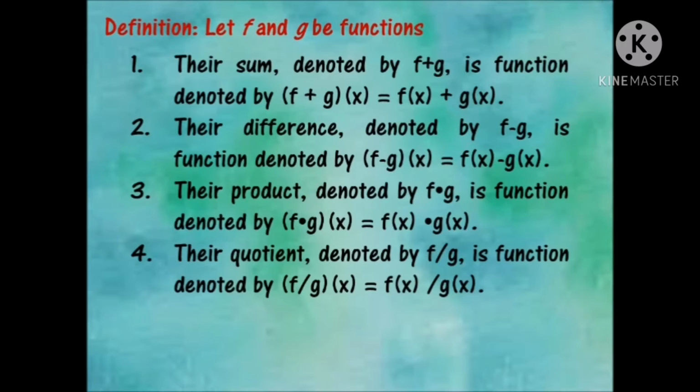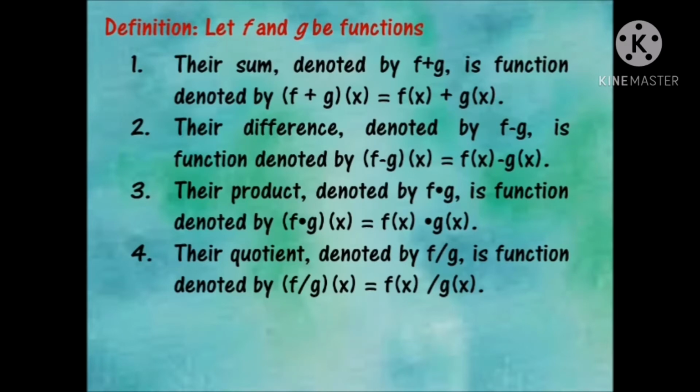Their product denoted by f times g is also a function denoted by f times g of x, and that is equal to f of x times g of x. Their quotient denoted by f over g is a function denoted by f over g of x, which is equal to f of x over g of x.